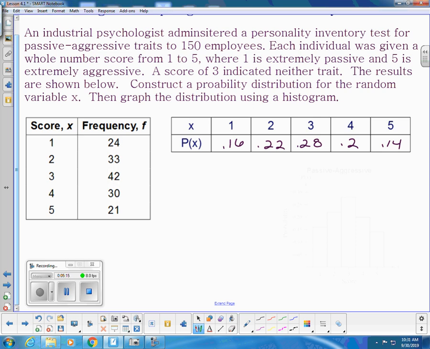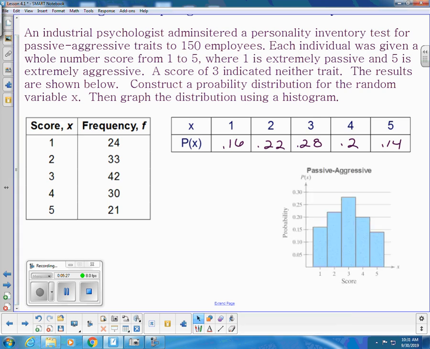Maybe up to 0.3. You don't have to go all the way up to 1. And then the horizontal axis is going to be 1, 2, 3, 4, 5. So it should look like this, maybe. Easy enough. Title, probability, score. Little bars connected. Everyone can do that. It's not really that hard.